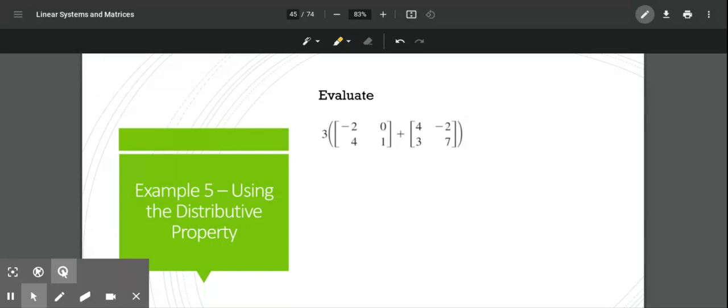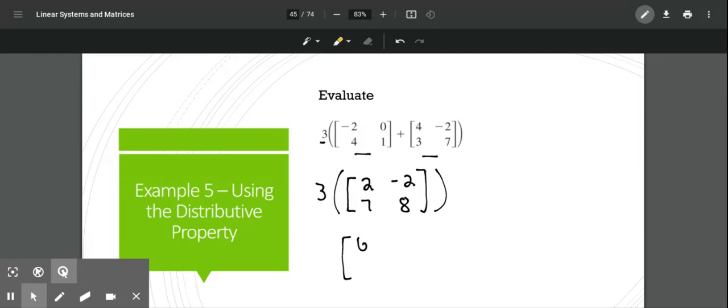We could distribute this 3 first to each matrix, or it might make sense to add the matrices together first and then multiply by 3. If I add these matrices together first, I would get 2, -2, 7, and 8. And then I would multiply each entry by 3. So then I would get 6, -6, 21, 24.